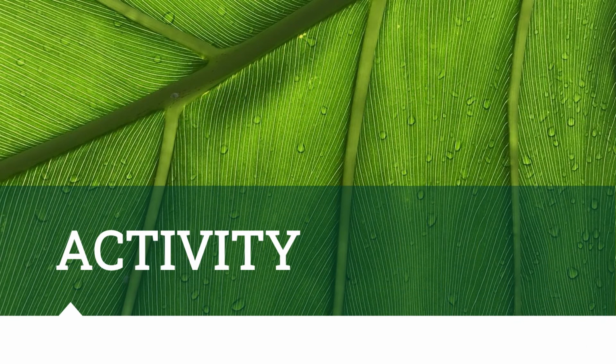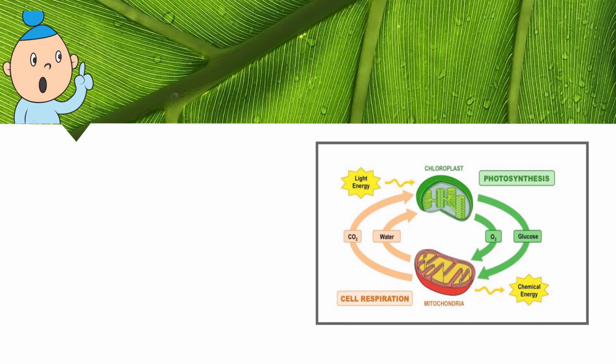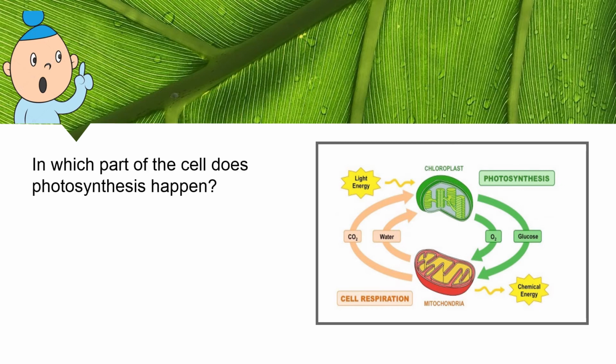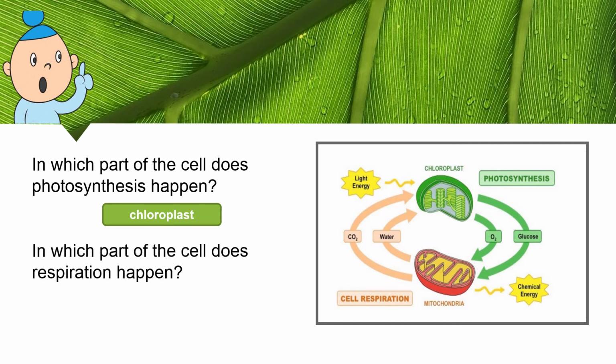Let us have a short activity to validate our learning for this lesson. Let us analyze the illustration so that we can answer the following questions. In which part of the cell does photosynthesis happen? The answer is chloroplast. Where does respiration happen?